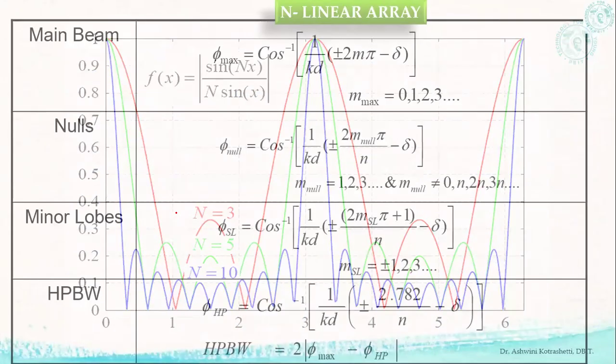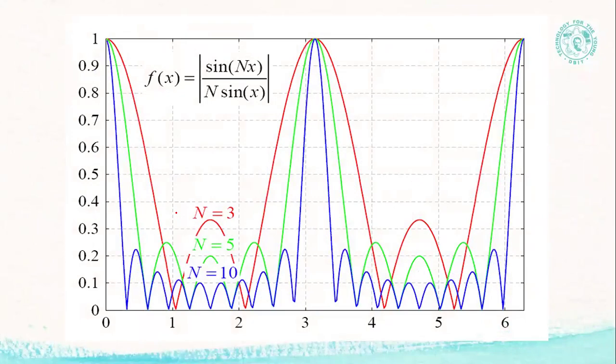So what you notice here is that the electric field that we have just observed is a sinc function. This is called a sinc function because you noticed that there was a sine function in the numerator and a sine function in the denominator, and the one in the denominator is an angle which makes your beam sharp.